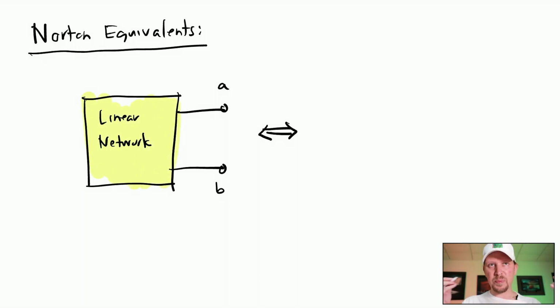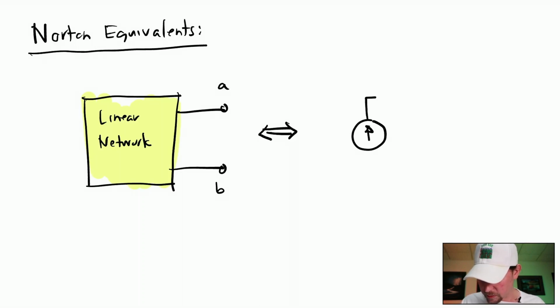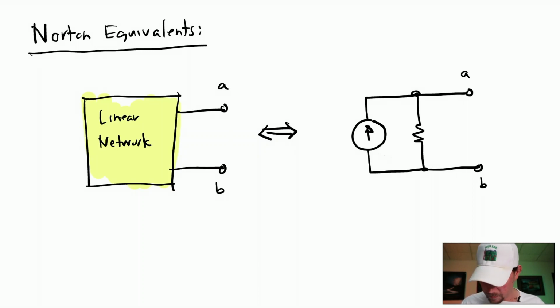Keep in mind that this might be a huge circuit. We replace it with a single current source in parallel with a resistor. And this is the Norton current, and this is the Norton resistance, like this.